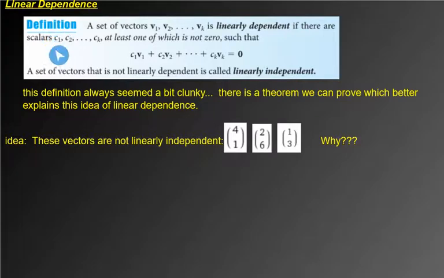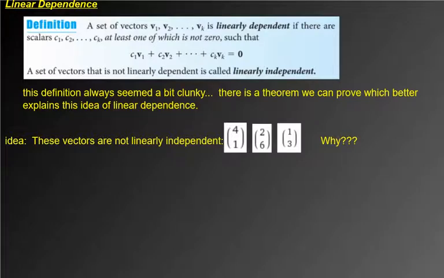Like you could have just C1 be non-zero, and then you could have C2 through CK be all 0. But as long as you can find one where it's non-zero, then if you figure out a way to add them all up and you get the 0 vector, that means it's dependent.